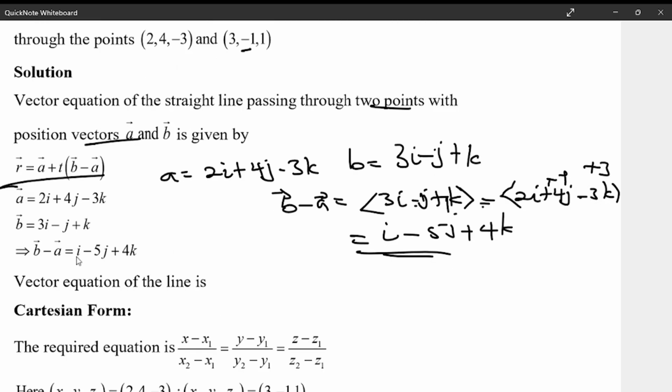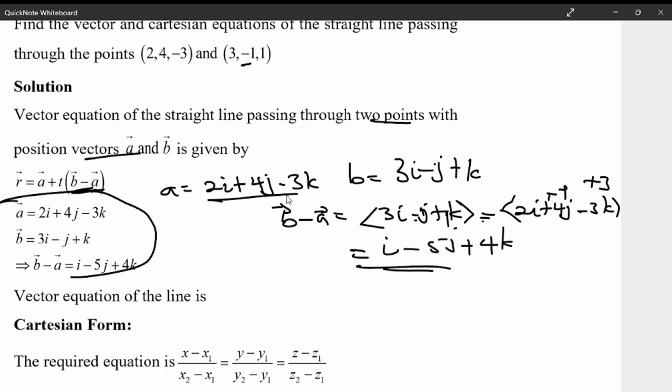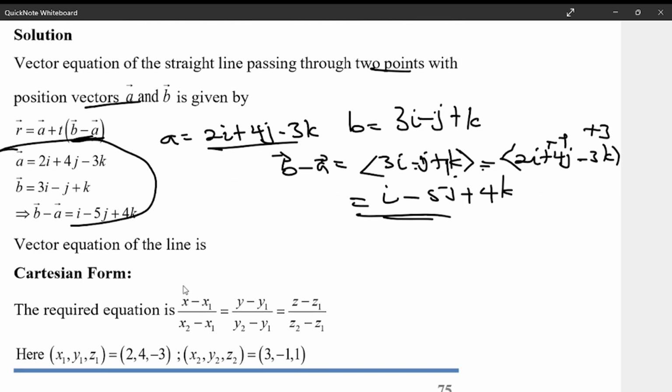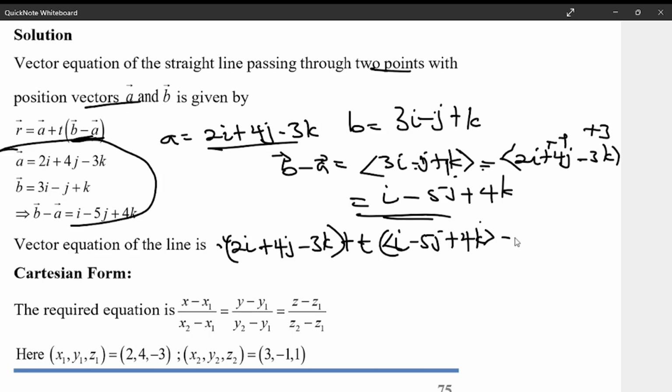So when we substitute that here, and our a is already given as this, then our vector equation is going to be r equals 2i plus 4j minus 3k plus t into brackets, our b minus a.